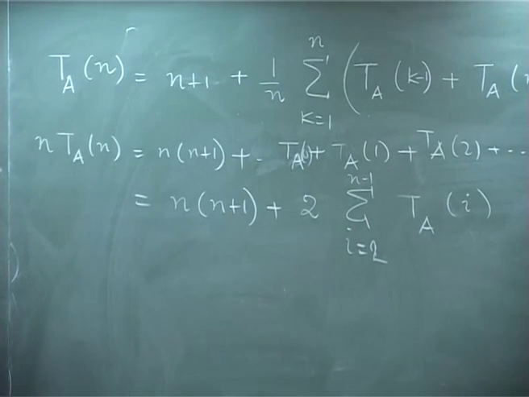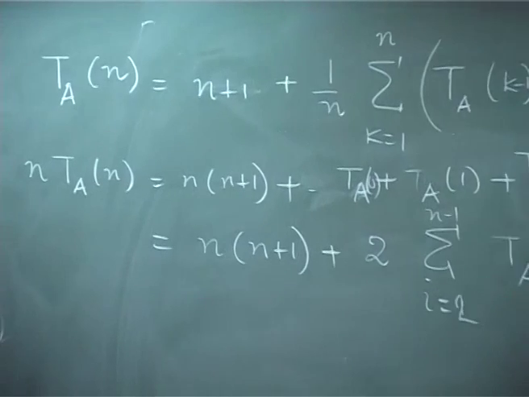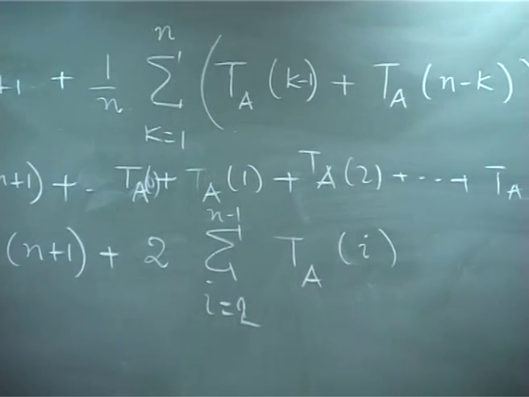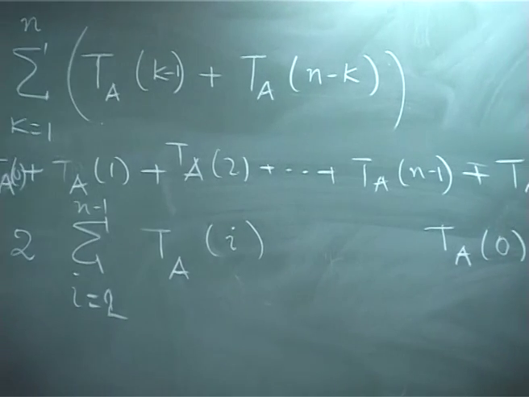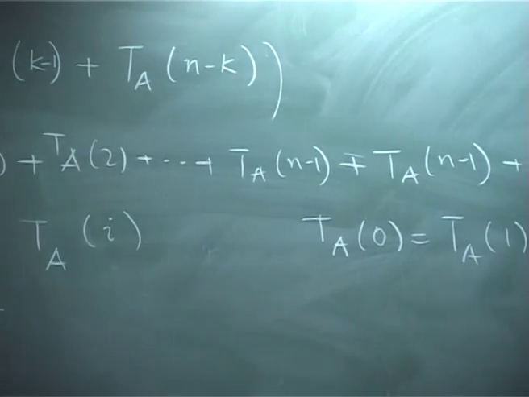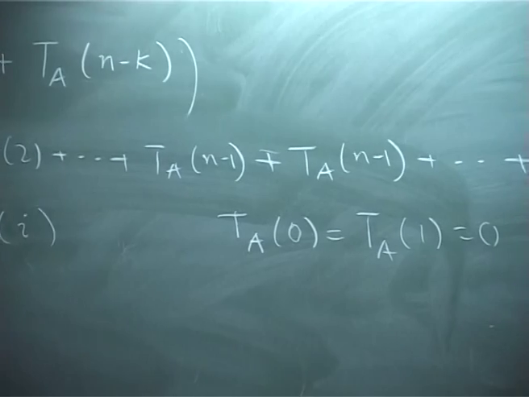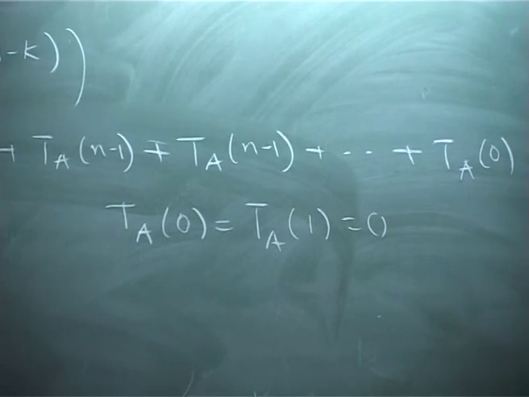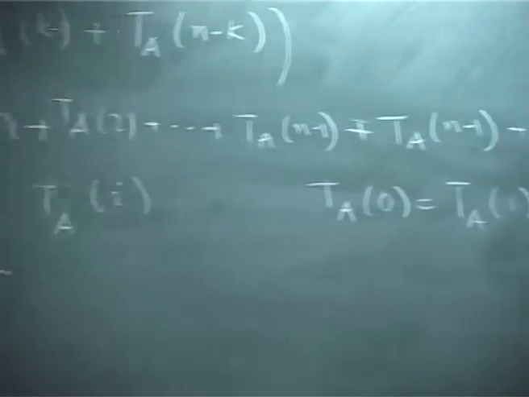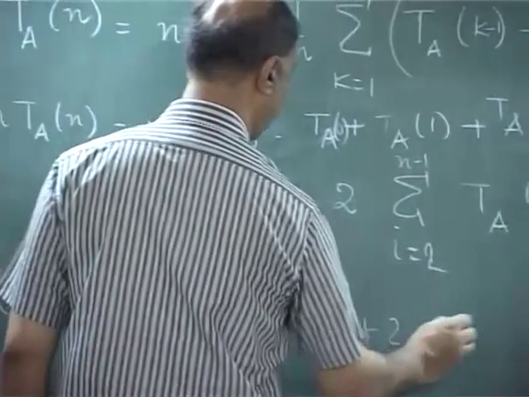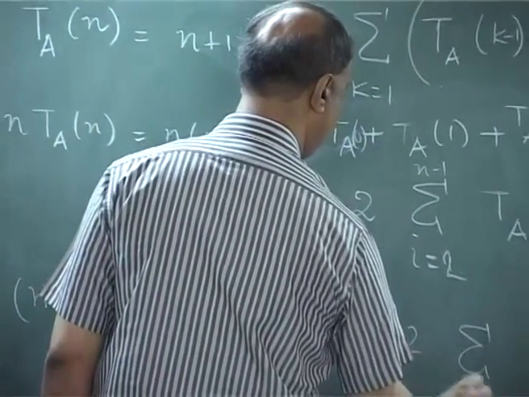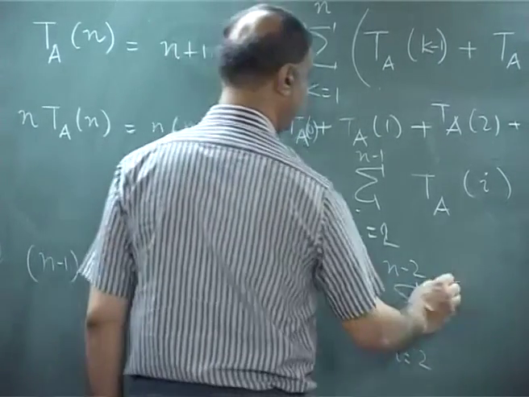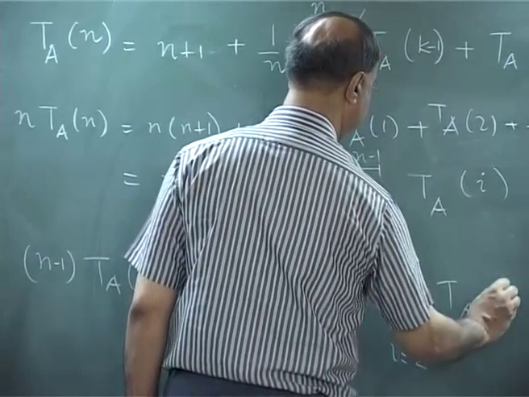Now I want to solve this. In order to solve this, let us replace n by n minus 1. What I get? (n minus 1) TA(n minus 1) is equal to (n minus 1) n plus 2 times summation i equals 2 to n minus 2 of TA(i).